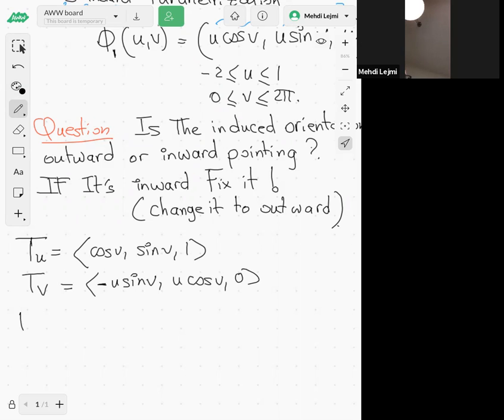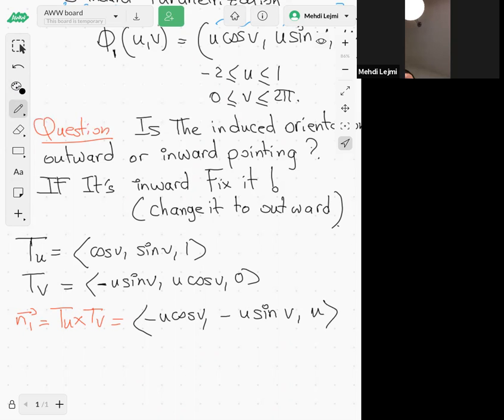And then if you do the normal vector, so the cross product, this is my normal vector, let's say n1, just tu cross tv. That will be minus u cosine of v, minus u sine of v, and u. Okay, so that's my normal vector.